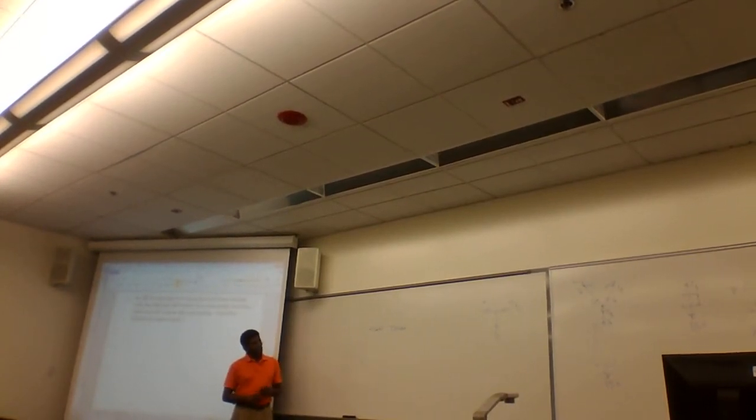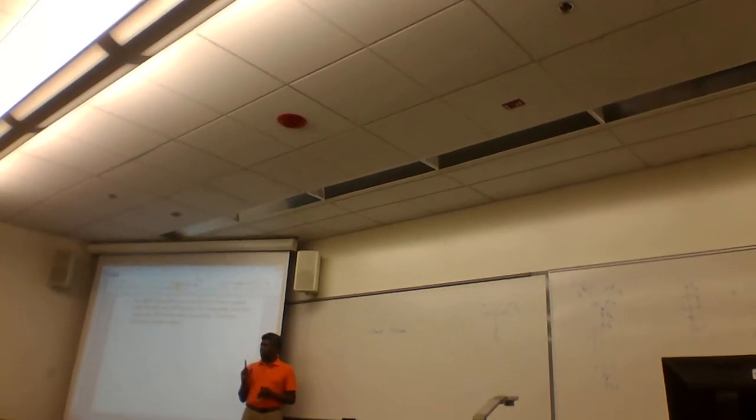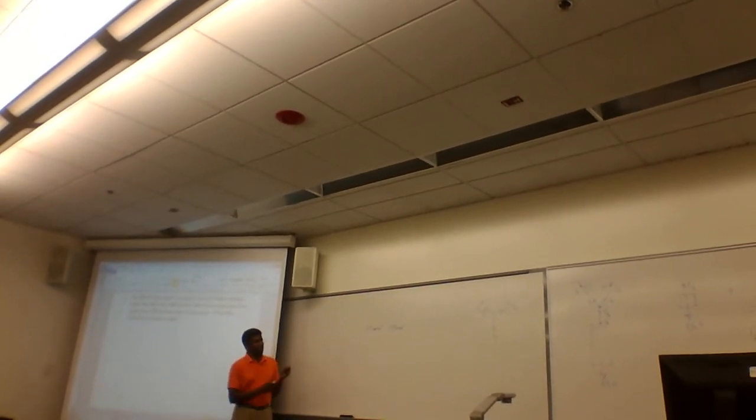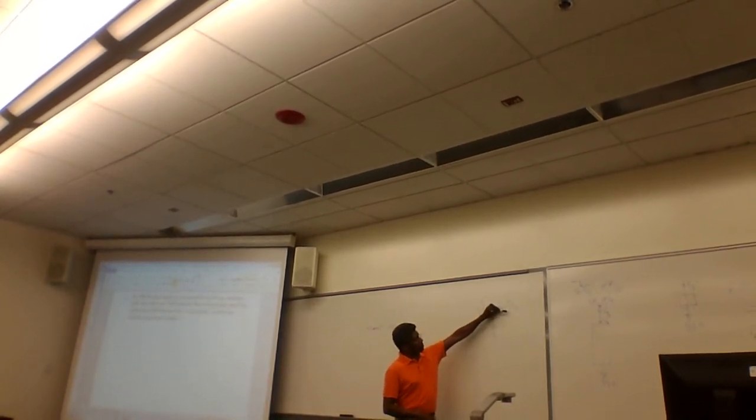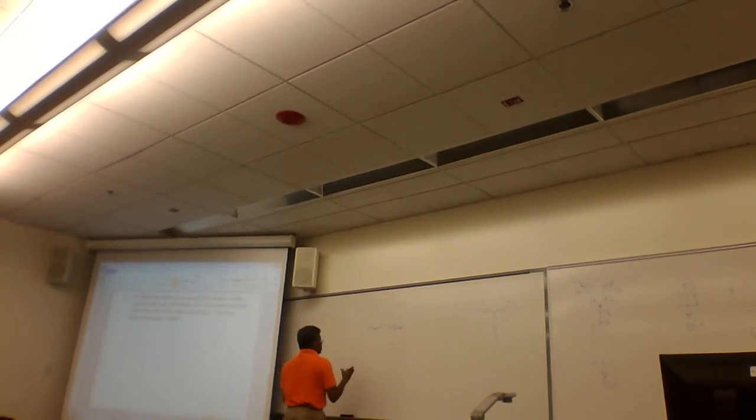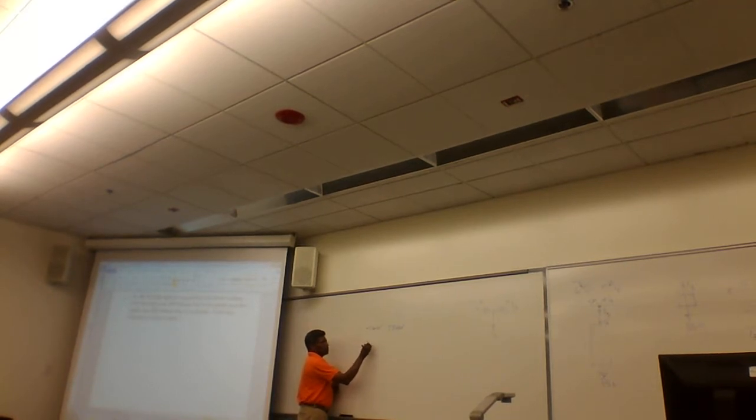Then the T2 vector. What is the horizontal component? Is it positive or negative? Positive. Look at it like this. So the horizontal component will be pointing like this. Vertical component will be pointing like that. So there will be positive. What is the value? T2 cosine. What is the y component?